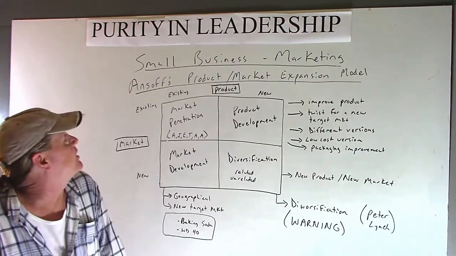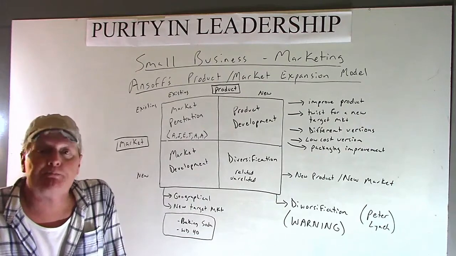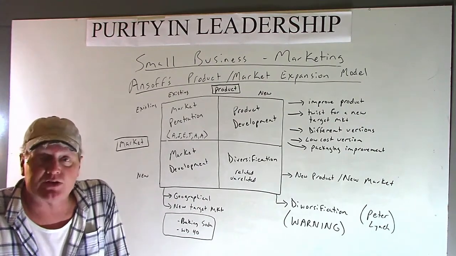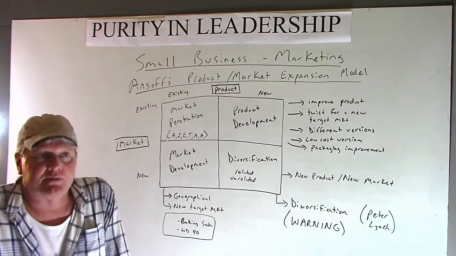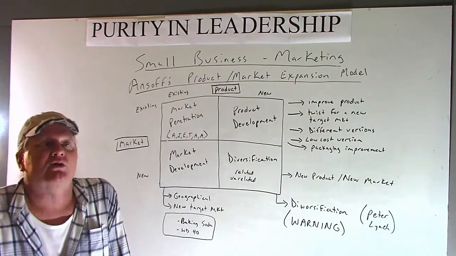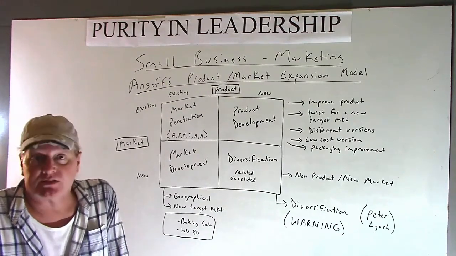So there you go. Ansoff's product market expansion model for your future as a small business, and marketing, and coming up with new ways to grow your income, grow your sales, grow your presence.